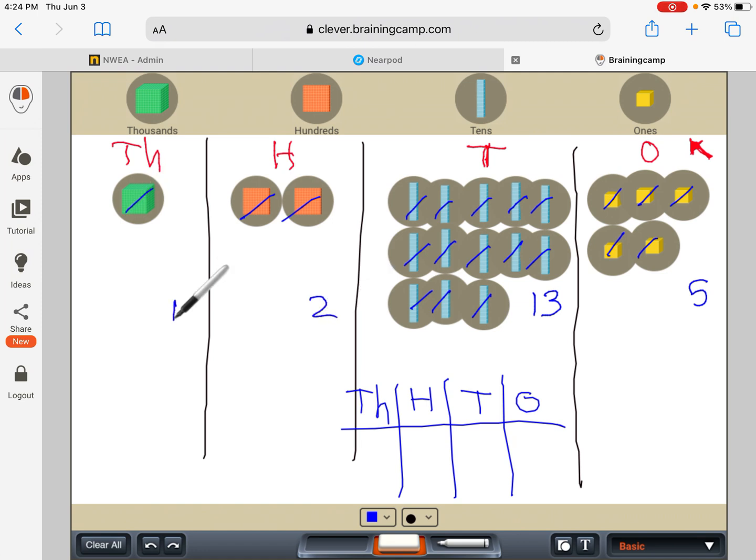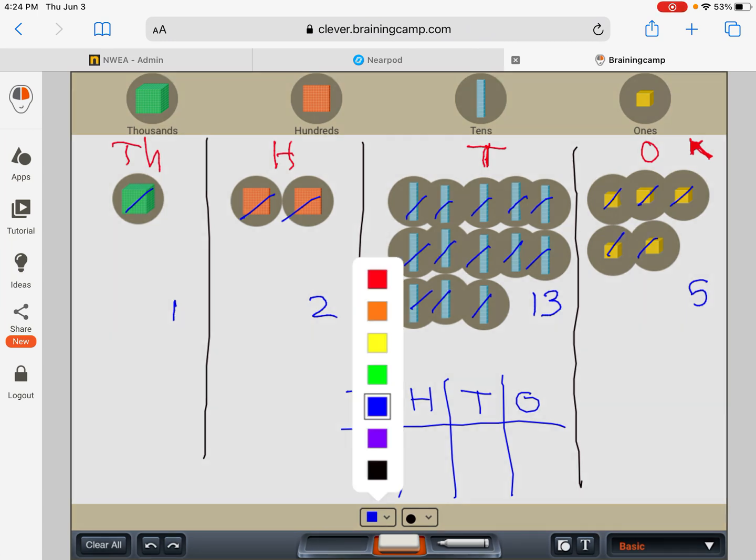Now if I want to write this number, I can't, because I can say I have 1,200, but how am I going to say 1,200 13.5? You can't say that. So what we are going to do is replace those 10 tens for 100.